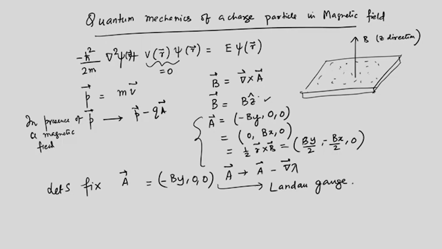Okay. So, we do this and then put this in the Schrodinger equation, and now make sure that your q is nothing but minus E, because we are talking about electrons specifically.